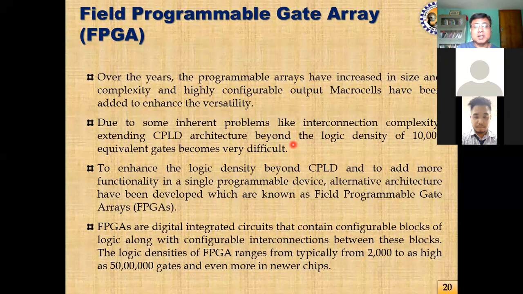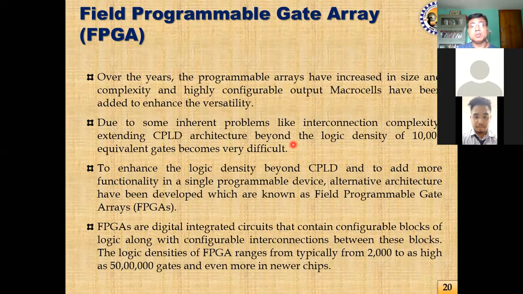So people have thought of an alternative architecture, to cater to the need of a large number of inputs, outputs and product terms, which in many cases CPLD is not able to cater.